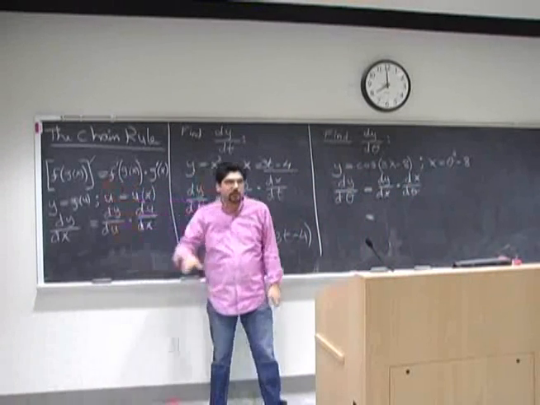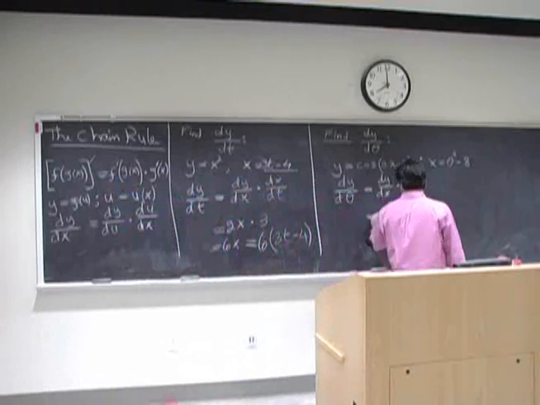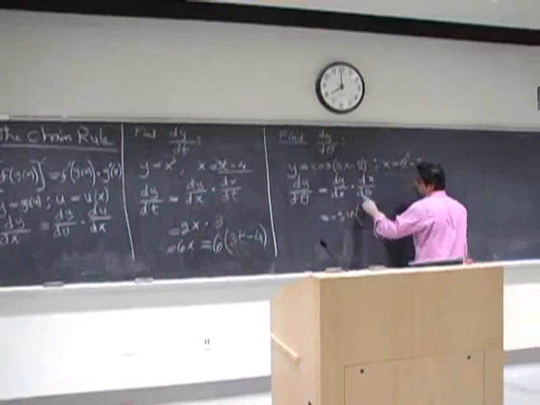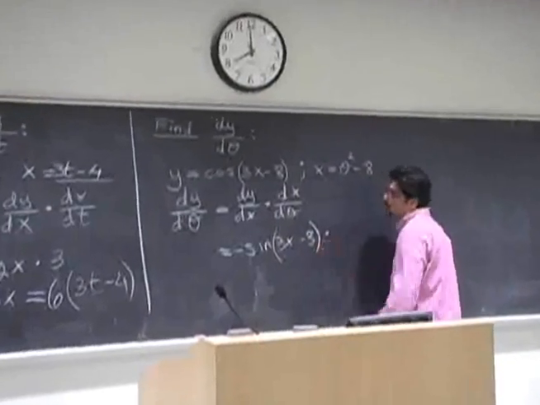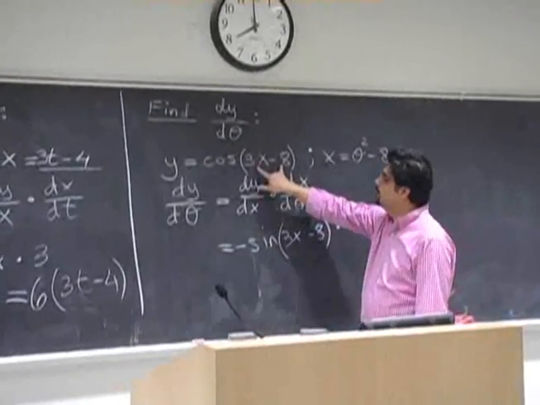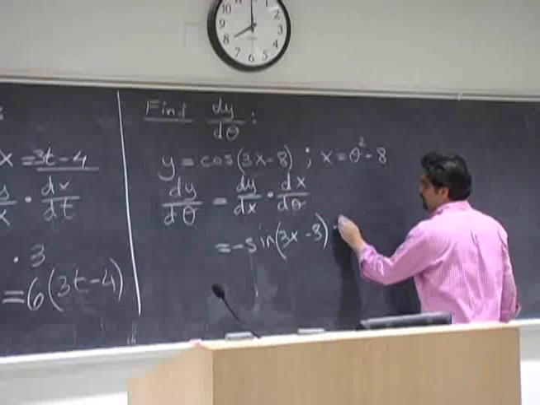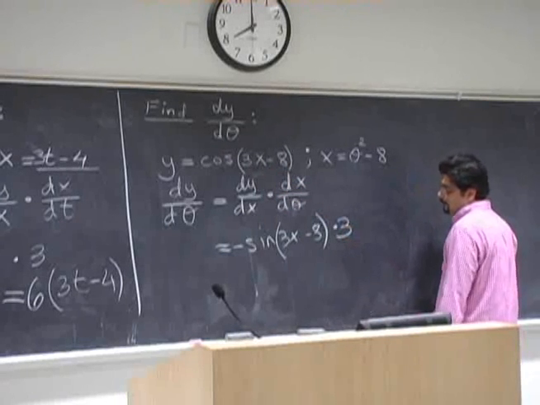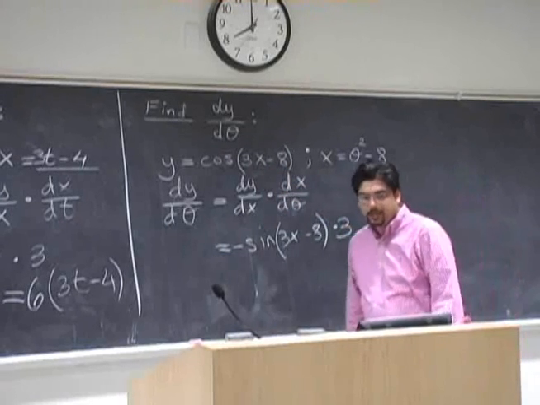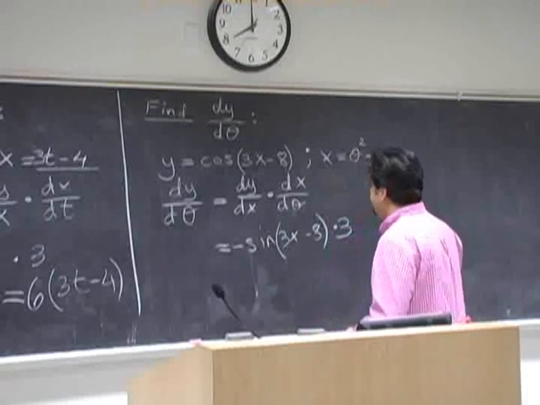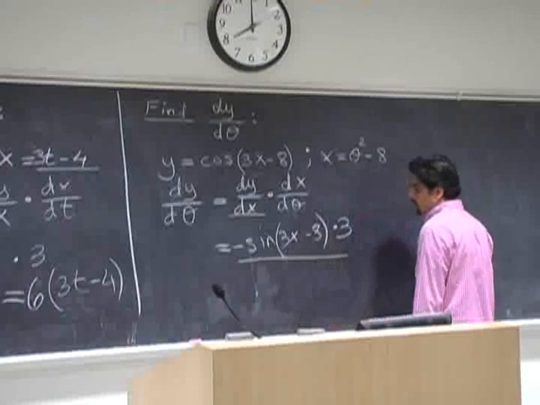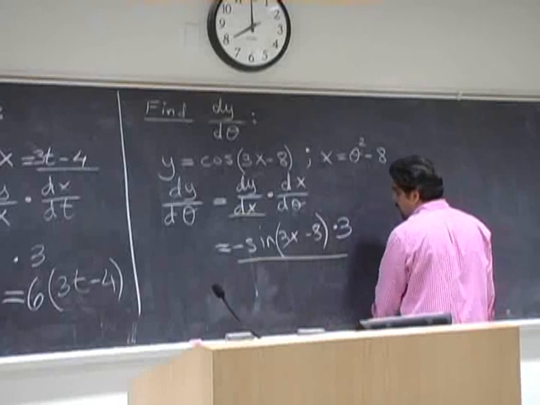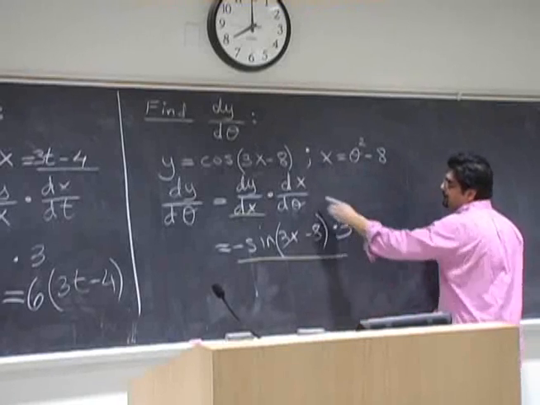F was cosine. What's the derivative of that? Negative sine. Leaving the inside the same. Times g prime. This was g, so what's g prime? 3. Okay. Now that's just dy dx. Now times dx d theta.